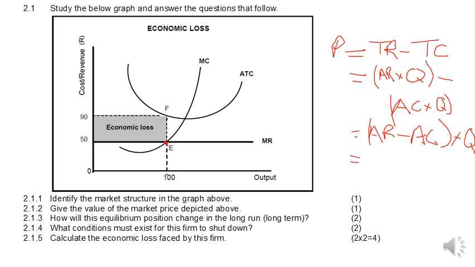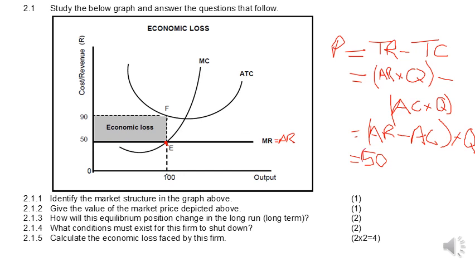So our average revenue at equilibrium is going to be 50. Remember, MR is equal to AR is equal to D. Don't let it confuse you if they don't label it completely correctly. So the average revenue is 50 Rand. Your average revenue is also equal to the market price.